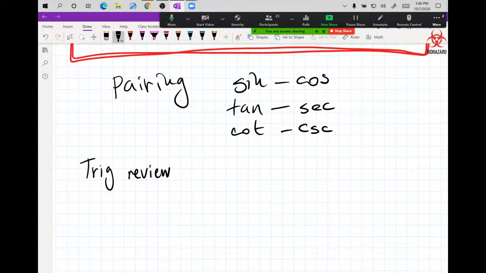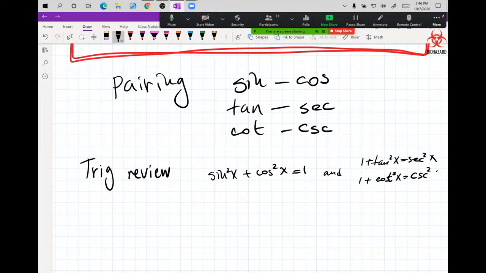But for now, what you need for this section is obviously sine squared x plus cosine squared x equals 1. And the variants for secant and tangent. So 1 plus tangent squared x is secant squared x, and 1 plus cotangent squared x is equal to cosecant squared x.